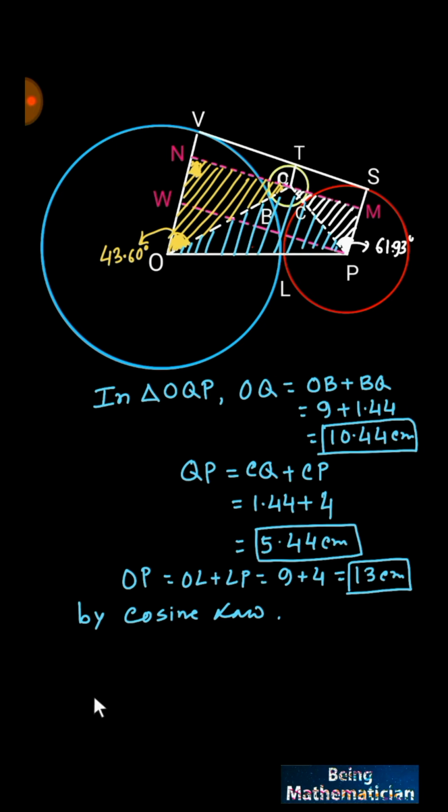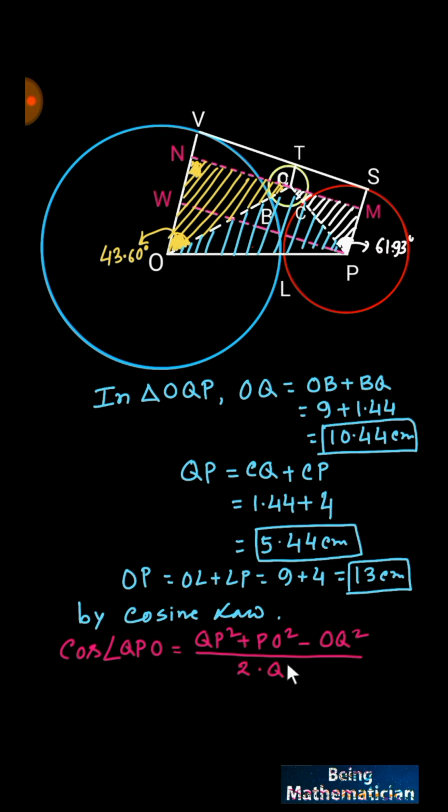Now, apply cosine law again, we get cos angle QPO is equal to QP square plus PO square minus OQ square whole divided by 2 into QP into PO.